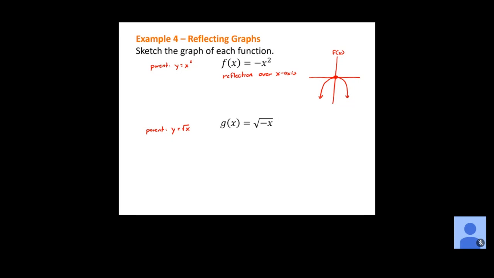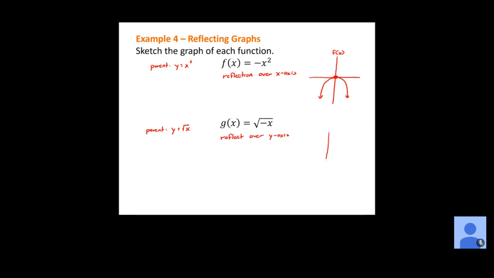Good. This time it's a reflection over the y-axis. And the way we know that is that negative is inside the function with the x. So reflection over the y-axis. Right? That negative is not in front of the entire square root of x. It's only on the inside with the x this time.